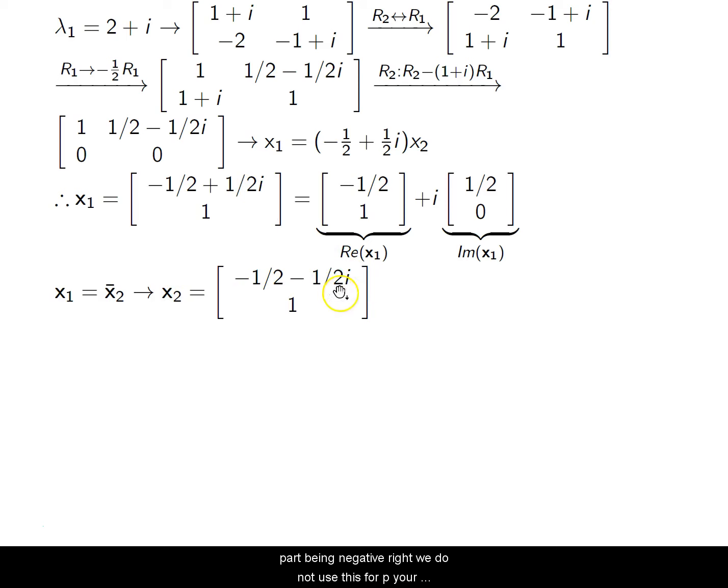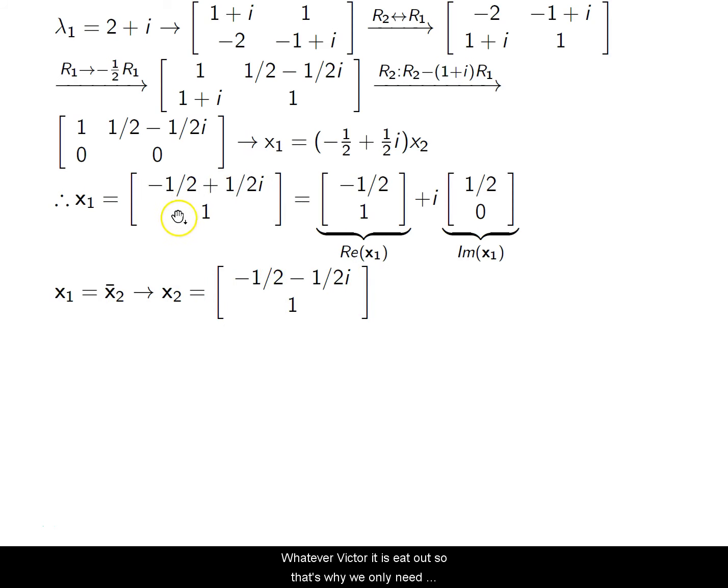We do not use this for P. Your book does. They would have done this whole thing to find this eigenvector, but again, we're using the positive form. We're not using the negative form. We weren't using the conjugate here. We're using the positive. So we don't use this at all. This is only here to show you that if you need x1 and x2, you're just taking the conjugate of whatever vector it is you found.